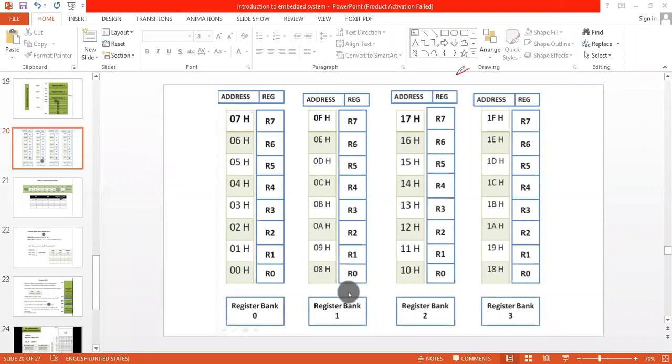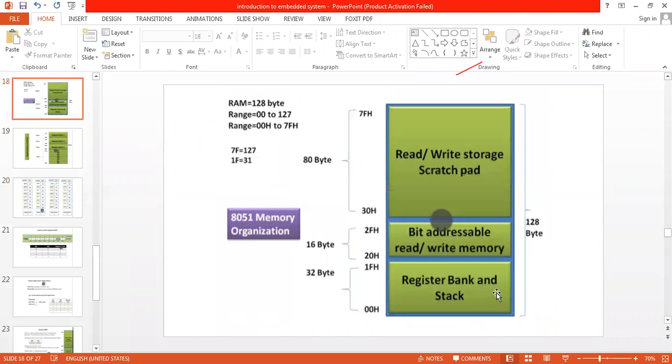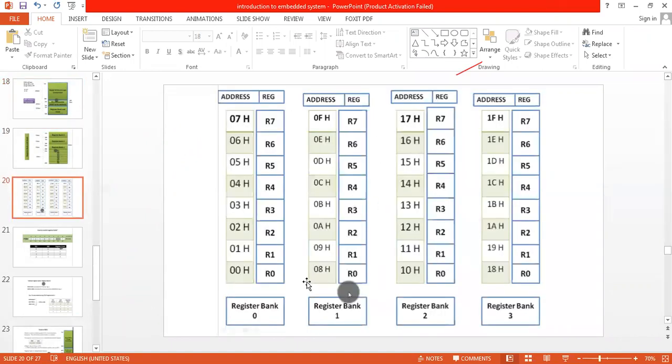See here, register bank as well as stack, only from 00H to 1FH. So this 00H to 1FH is not only used for register banks, it is also used for stack memory locations.